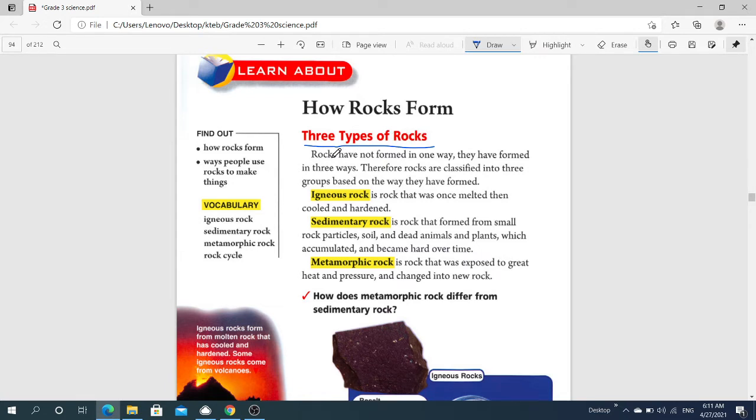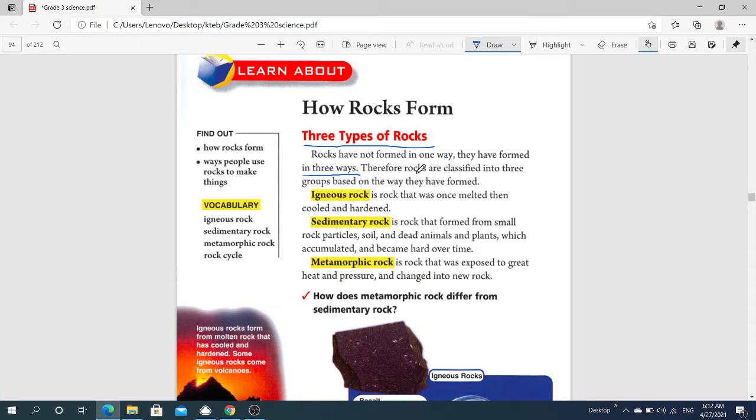Look, dear students, rocks have not formed in only one way. They have formed in three ways. Therefore, rocks are classified into three groups based on the way they have formed.